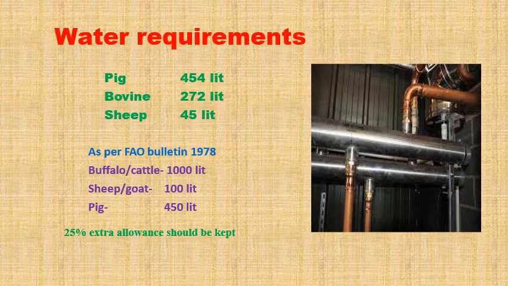As per FAO Bulletin 1978, in case of buffalo and cattle 1000 liters, in case of sheep and goat 100 liters, in case of pig 450 liters. So based on this we have to calculate the total water required in a day, over which we should have 25% extra allowance, and then the total water capacity in the water tank should be at least for 2 days.